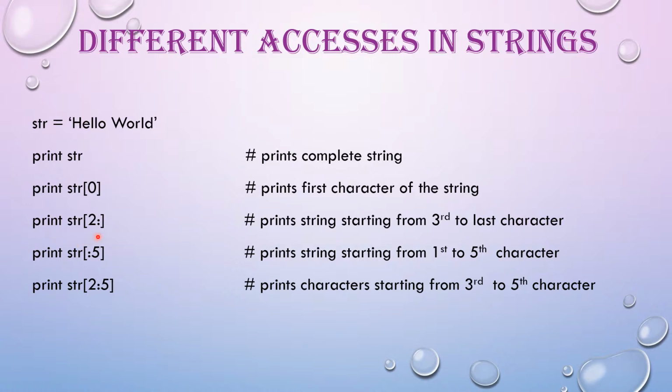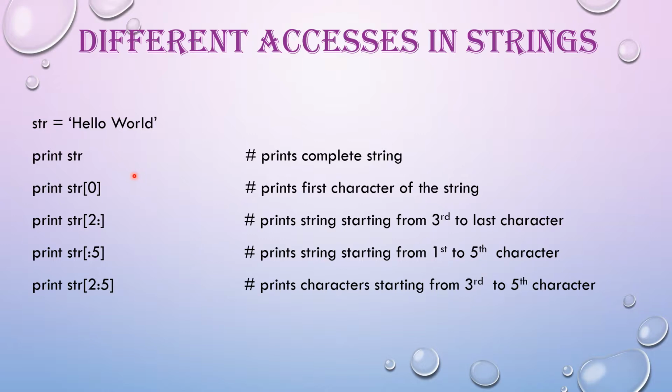Then we have print str[2:]. Here it prints a string starting from the third character to the last. So which is the third character? This L is the third character. So it will print LLO world. Then we have print str[:5]. It prints a string starting from the first to the fifth character.